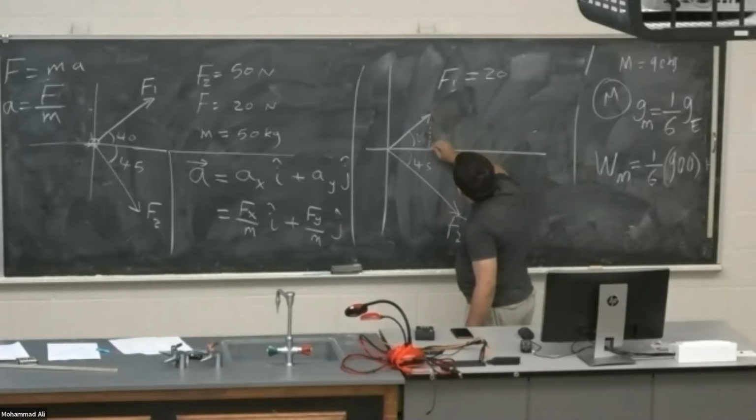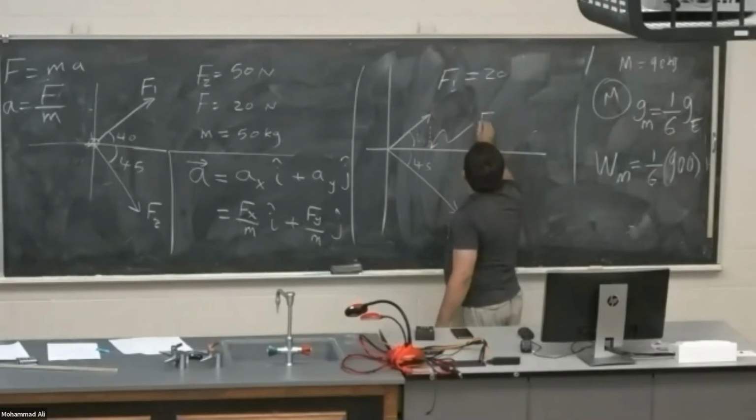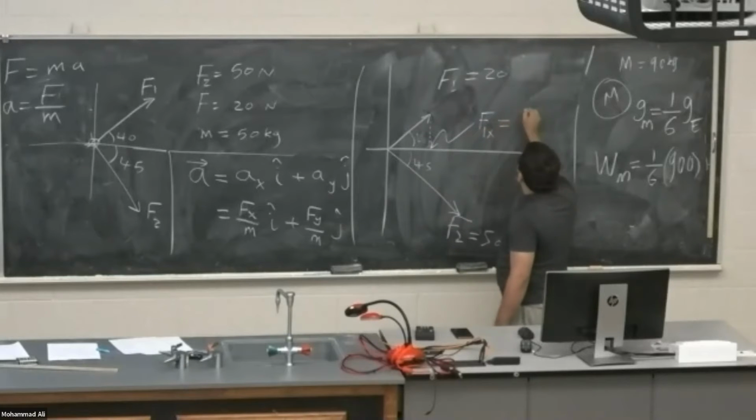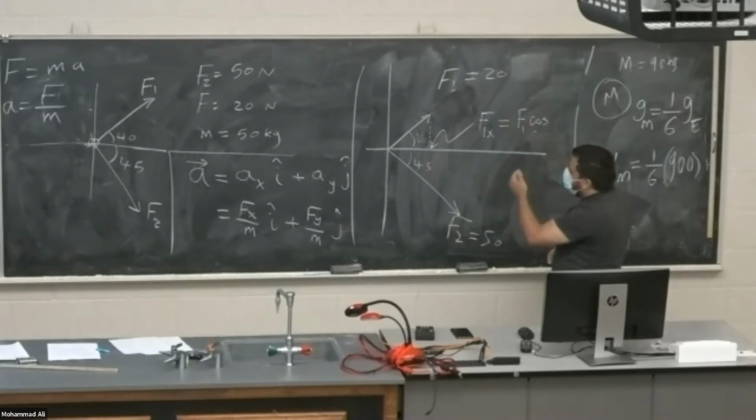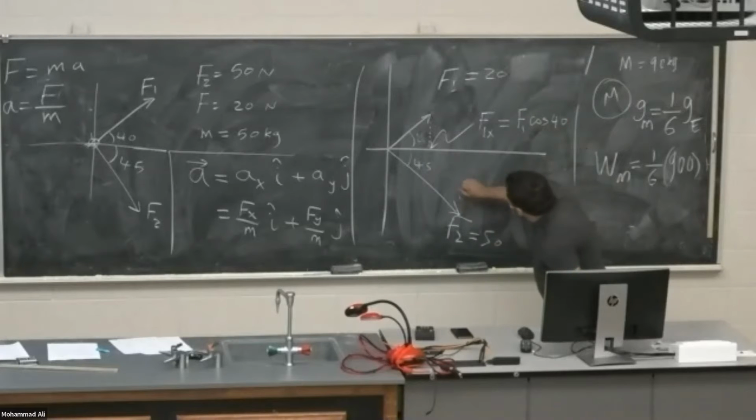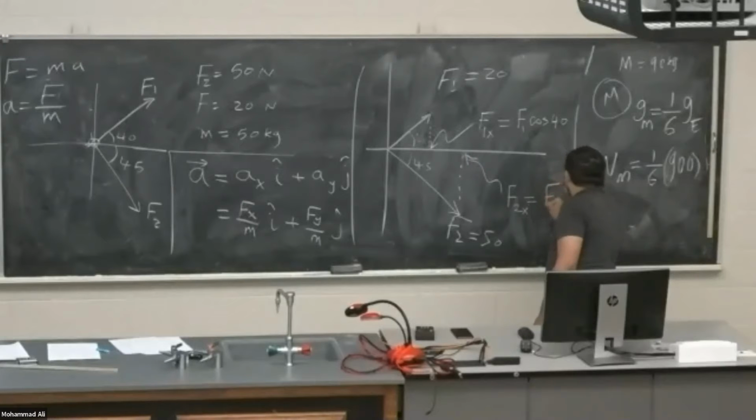Here, this is F1x, which is equal to F1 cosine the angle, because I'm dealing with the x-axis, with the direction of that angle. Cosine 40. What about this component here? This is F2x, which is equal to F2 cosine 45.